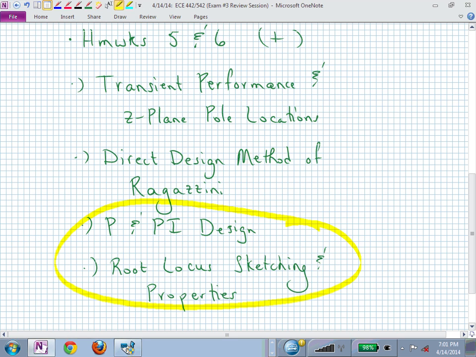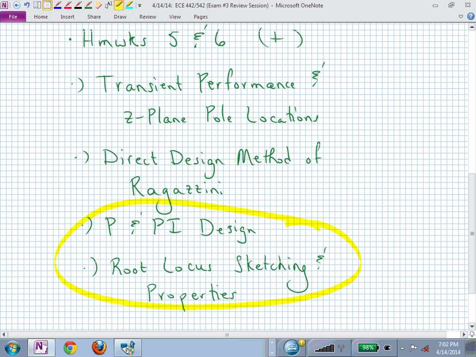We derived the root locus rules, strategies, or properties using proportional, and then we threw a 0 in there and we fixed a pole at z equal 1 to give us a PI controller. But it was really just adjusting the gain K, again to illustrate root locus.